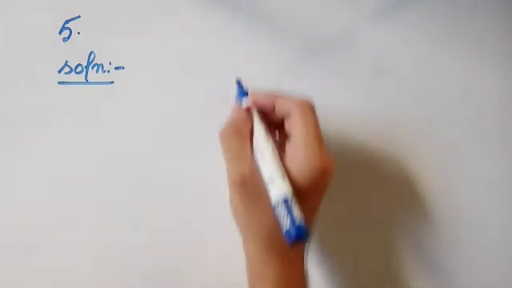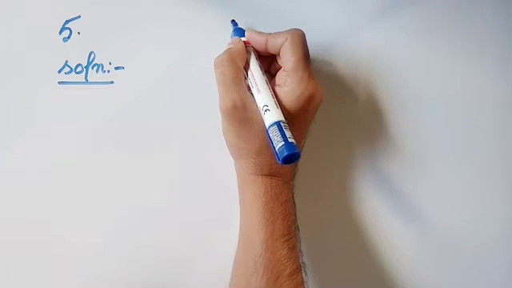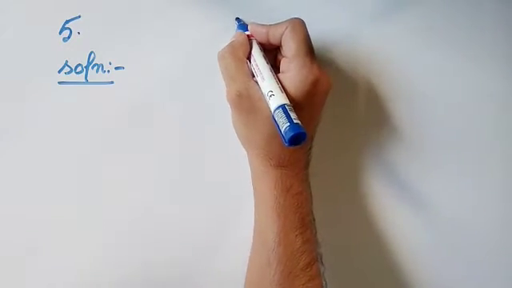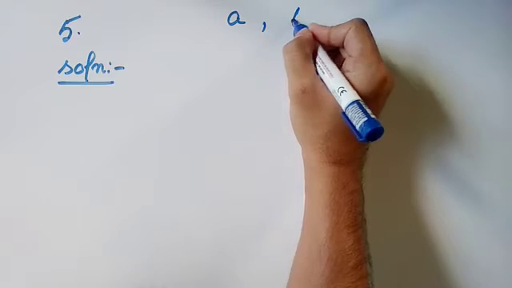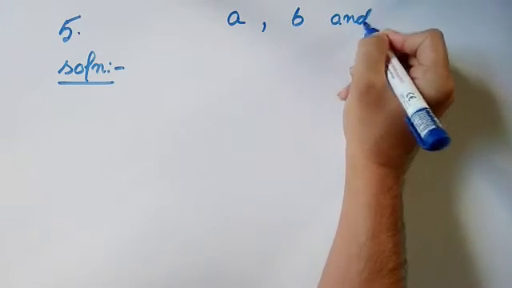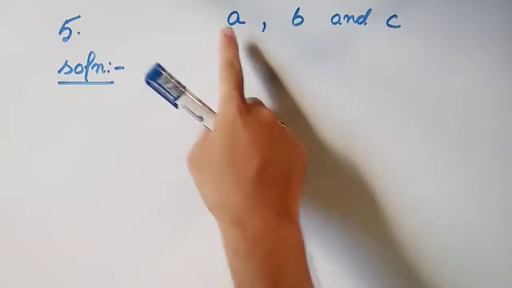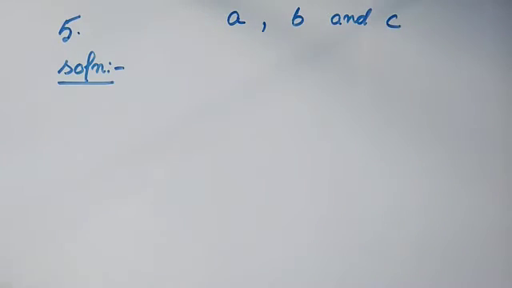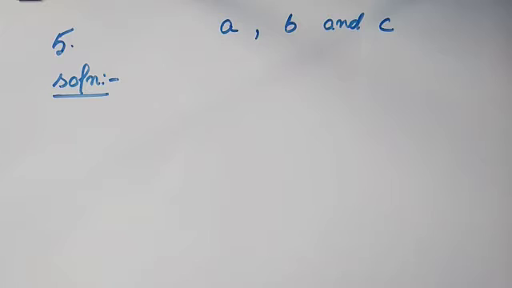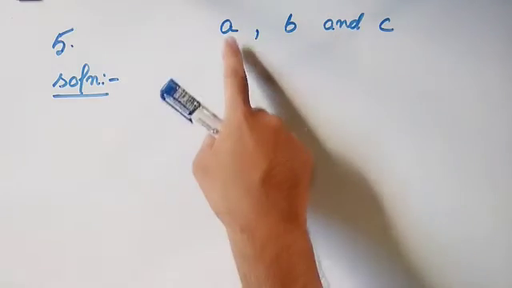So students, the three variables given in the question are the variable A, the variable B and the variable C. We have to use only these three variables. We cannot use other variables except these three.